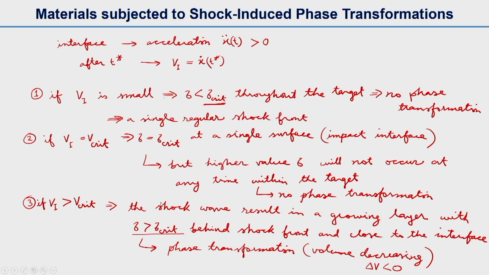In the second case also, because there is no phase transformation, there will be a single shock wave structure like the first case. But in the third case, this is different from the earlier two cases. It will have a two wave structure.